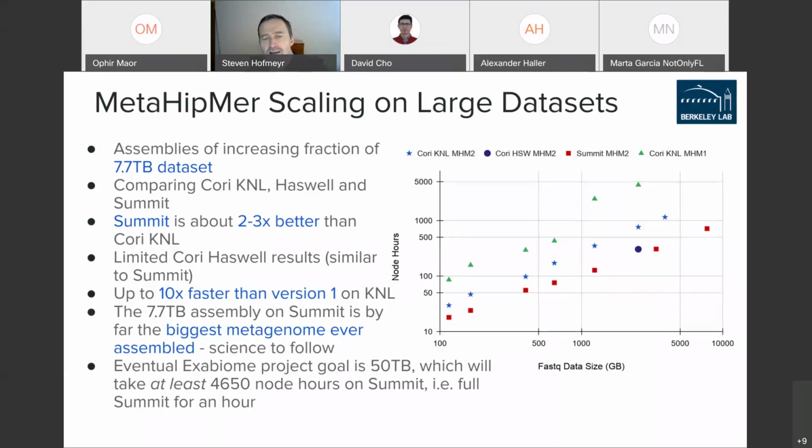And just extrapolating this linearly indicates that to assemble 50 terabytes, we need the whole Summit machine for an hour to do it. And it's very unlikely that we would scale so well up to that number of nodes, because I think this is maybe 1,000 nodes or something like that. So in order to do the scaling of 50 terabytes, we would certainly need something faster than Summit.